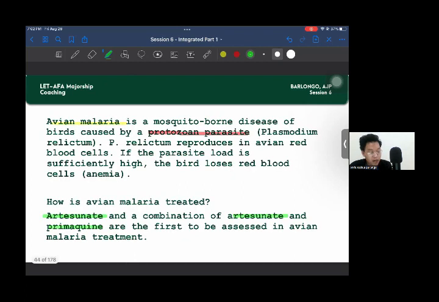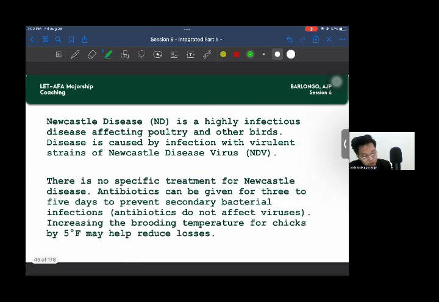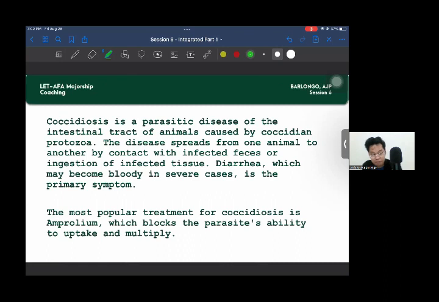So, since avian malaria ay may treatment, that could not be the answer. So, let's move muna dun sa pang-last. So, ito, coccidiosis is a parasitic disease of the intestinal tract of animals caused by a coccidian. The causative agent is Coccidian protozoa.